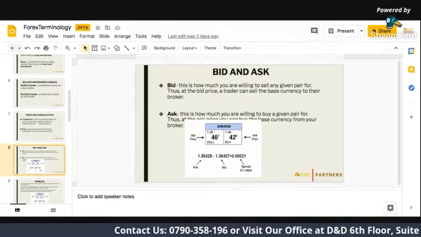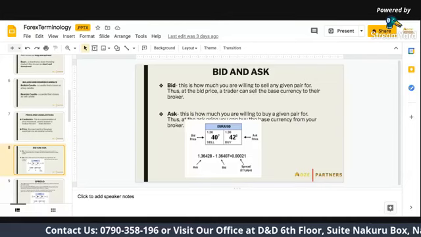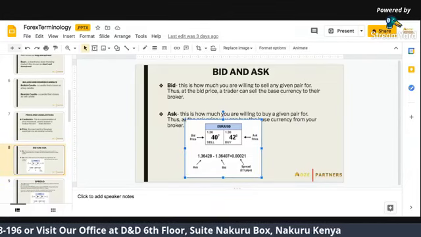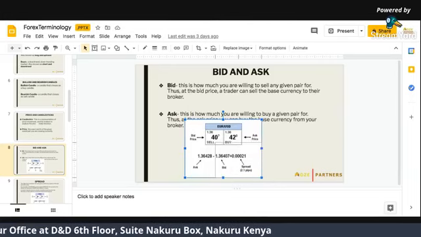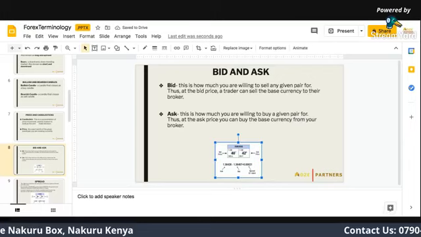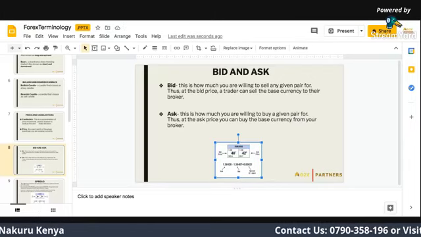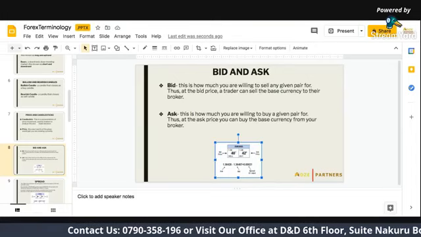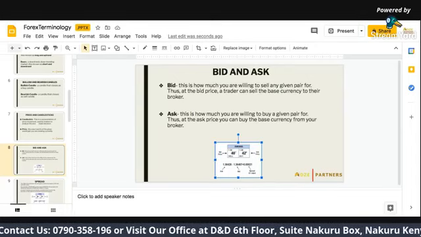A trader can sell the base currency to their broker. And then the ask is how much you are willing to buy a given pair. For that, the ask price is what you can buy the base currency from your broker.